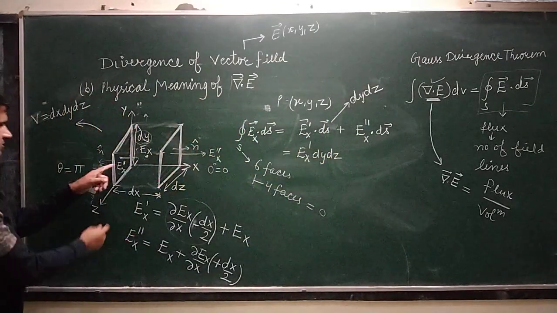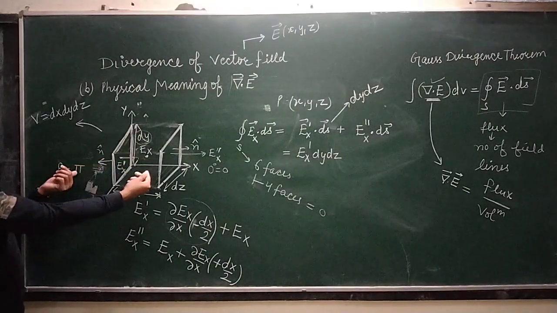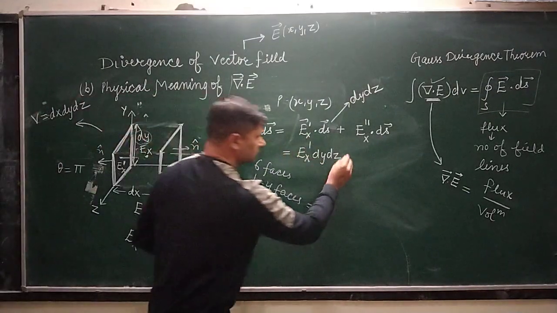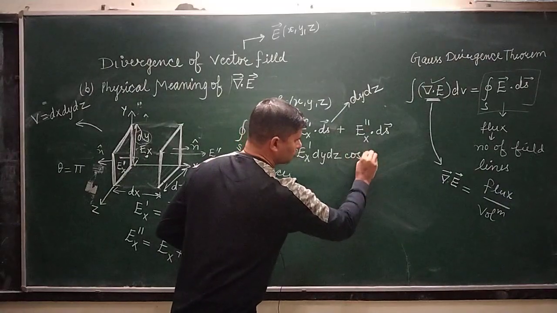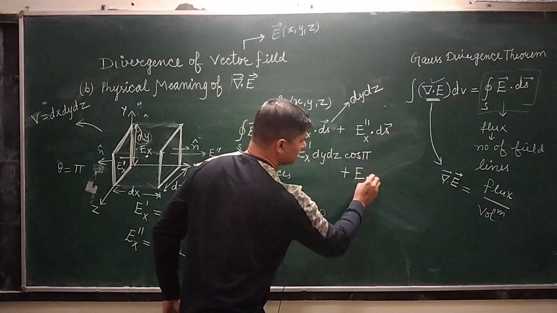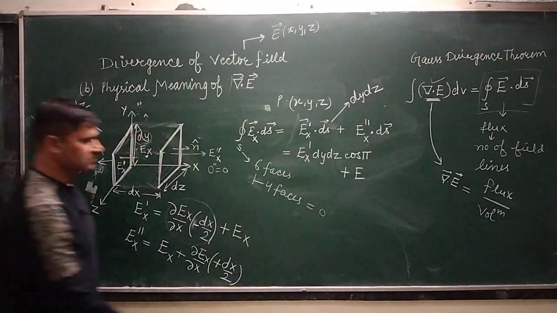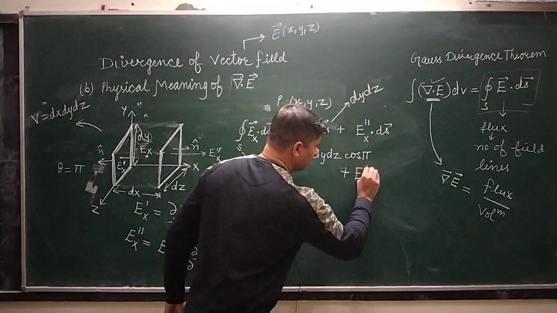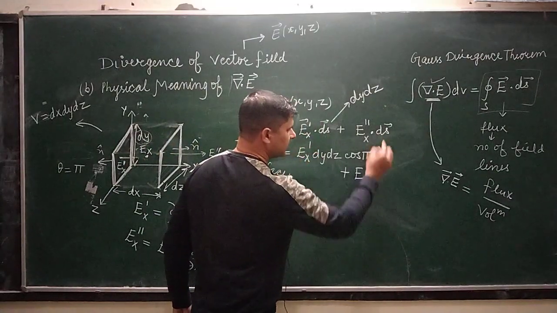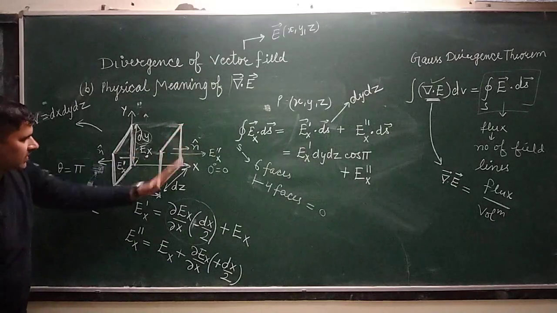Now at the first phase, you see the normal and the electric field are in opposite direction, so you will get here cos pi, and then plus Ex at the second phase.